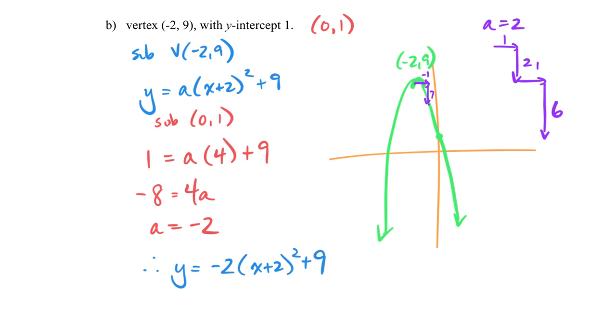Because now when I go over another 1, that gets me to 0, which matches up with my y-intercept. So when I have to go down 6 because of my a value, I get confirmation, yep, that was my y-intercept at 1. I know I'm correct now.